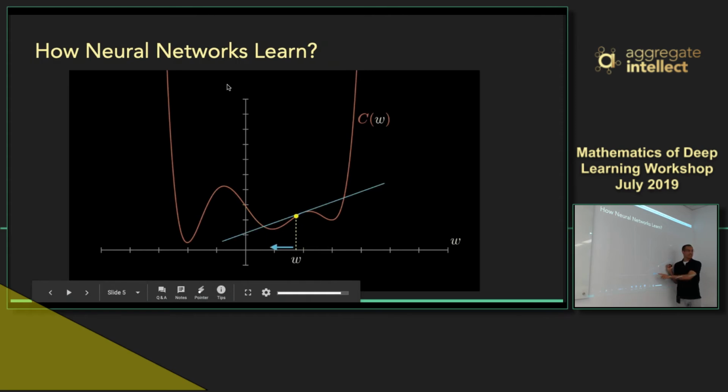I look at the derivative of my curve to see which way it is tilted, and I keep rolling down the hill until I get to the point where it is flat, and that gives me the minimum, right?